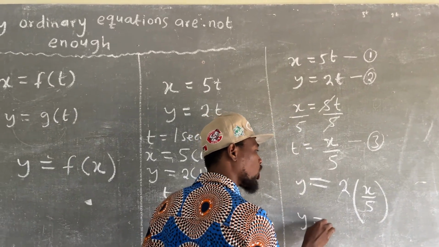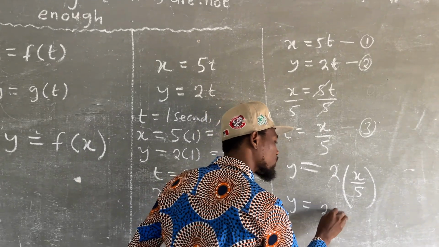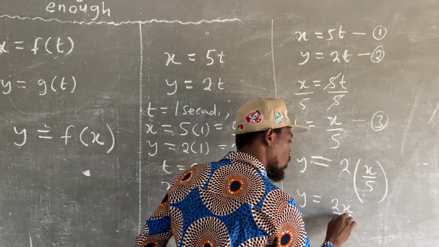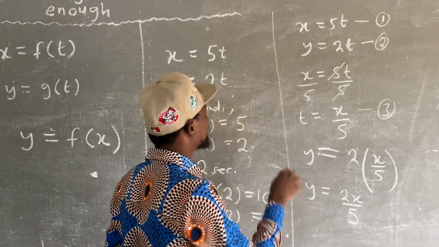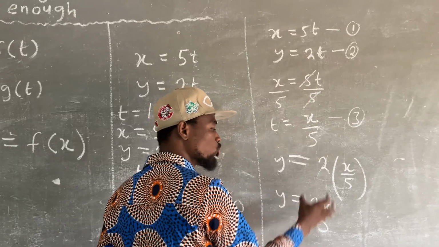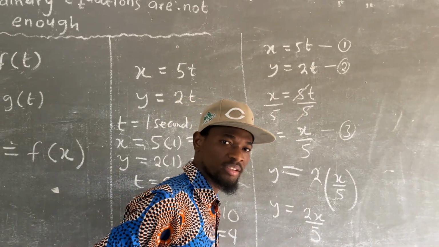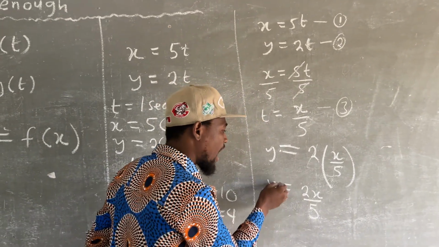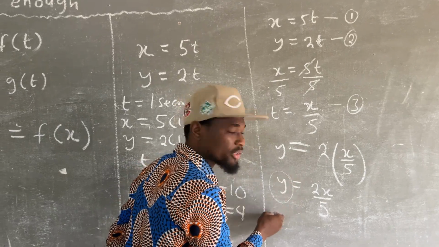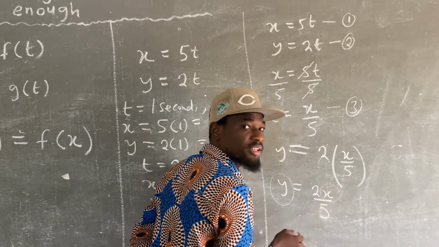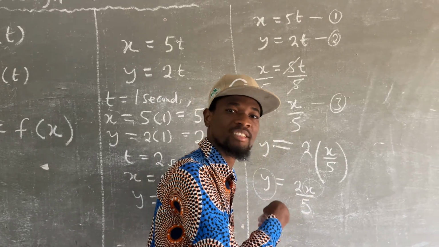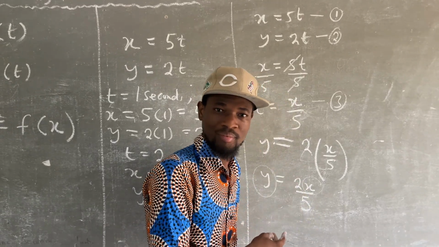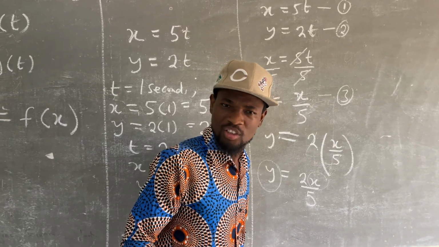Therefore, y is equal to 2x over 5. So I have simply transformed the parametric equation into a Cartesian equation. Here I have y and x, indicating only the position of that moving body. I don't have time.